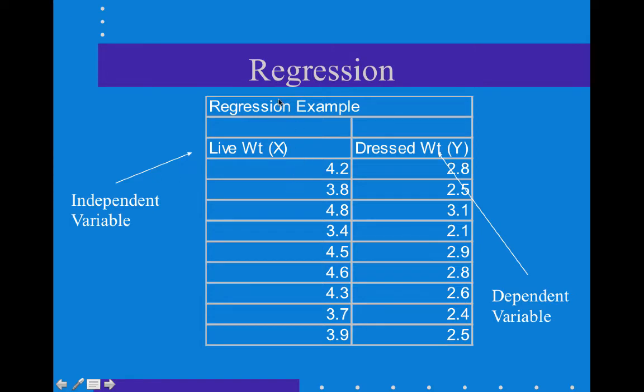In this example, we've got a live weight, and we're comparing that to a dressed weight, or a slaughter weight. We treat the live weight as our independent variable, and the dressed weight as our dependent variable. In the context of independent and dependent variables, the live weight would be like our treatment, and the dressed weight would be like our response variable.